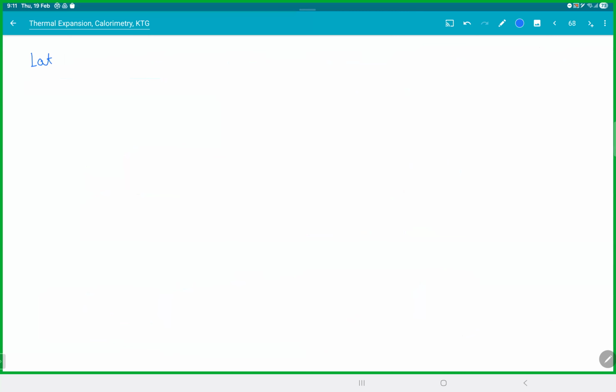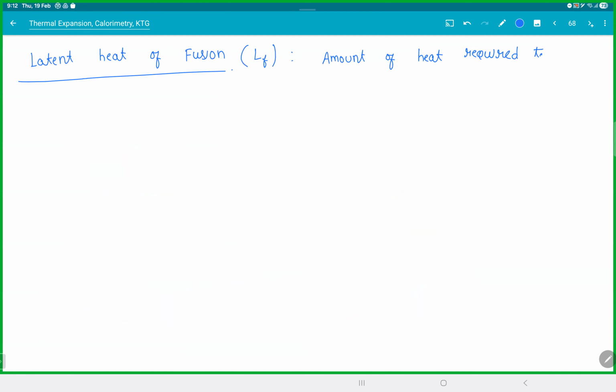Latent heat of fusion. The symbol is LF. It is the amount of heat required to melt one unit of solid into liquid.